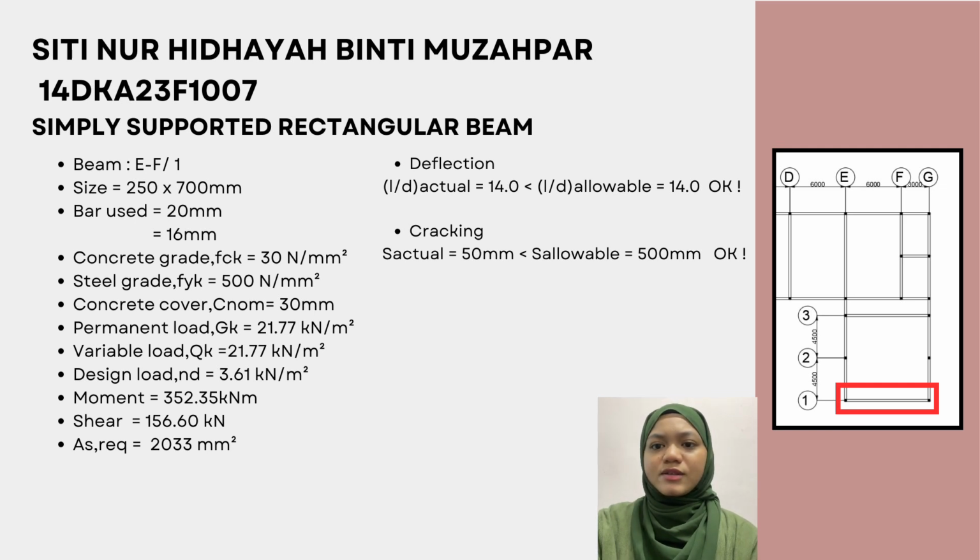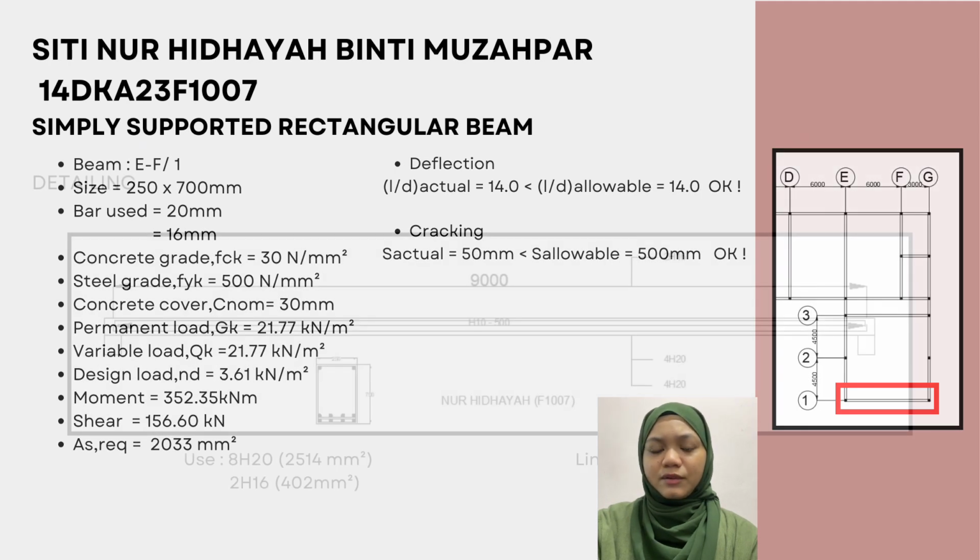For the cracking check, the actual crack spacing is 50 mm, which is far below the allowable 500 mm. This means the beam has very good crack control and is safe under service load condition.